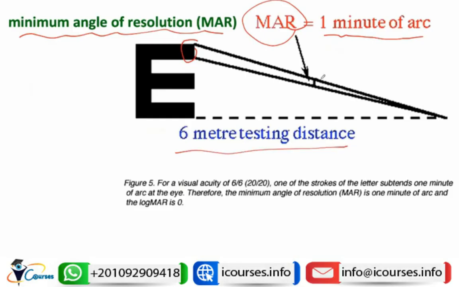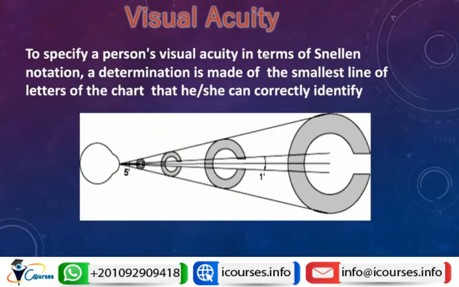So if we measure at 6 meters an optotype that subtends an angle of 1 minute of arc for each limb of the E chart, so the whole E subtends an angle of 5 minutes of arc, then this individual is said to have a visual acuity of 6/6 or 20/20. 6/6 in meters and 20/20 in feet. So this is the minimum angle of resolution, and this will be the measure of the visual acuity.